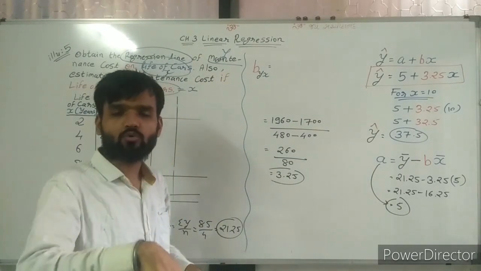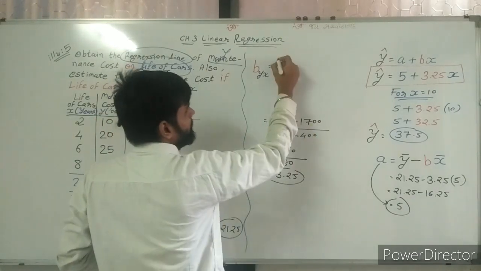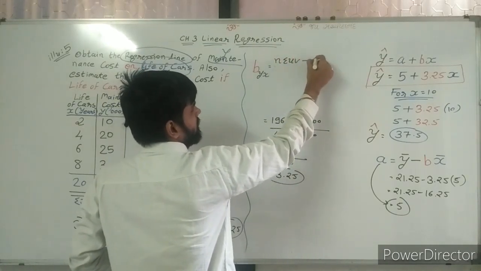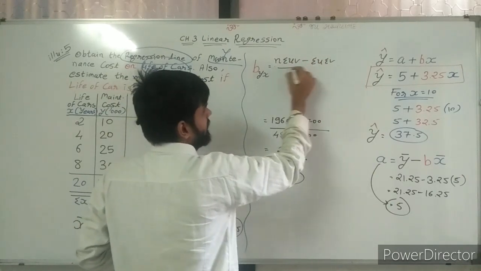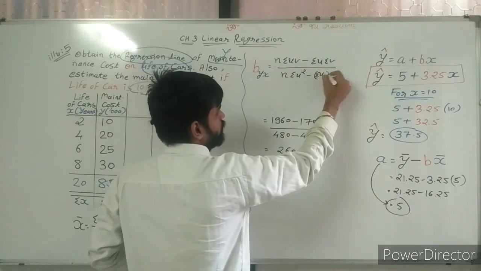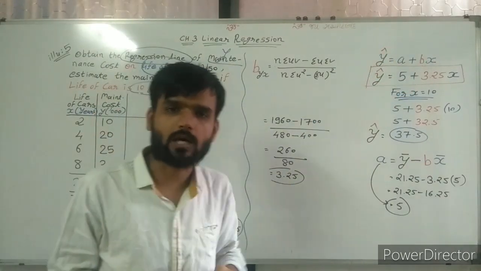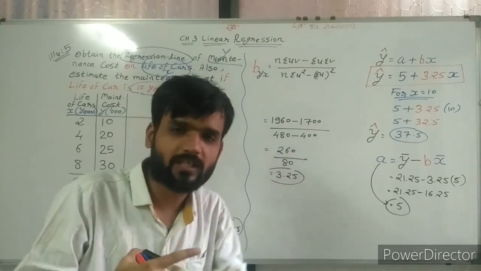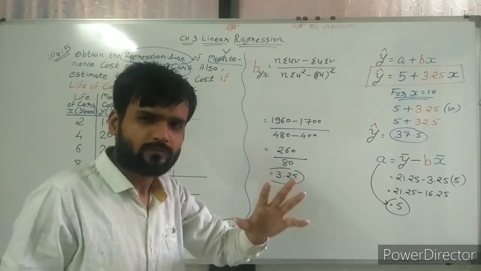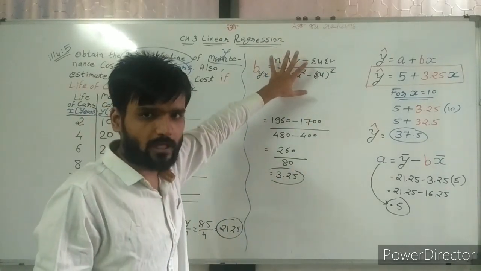Instead of x we are writing u, in place of y we are writing v, and making the new formula simple: n sigma uv minus sigma u sigma v divided by n sigma u square minus sigma u whole square. This formula we can make by using the Karl Pearson formula. I will tell you something new later. In the last lecture also we have written this formula.